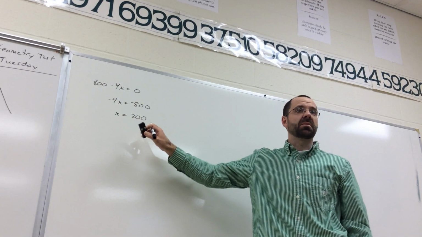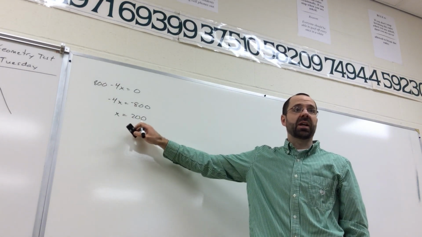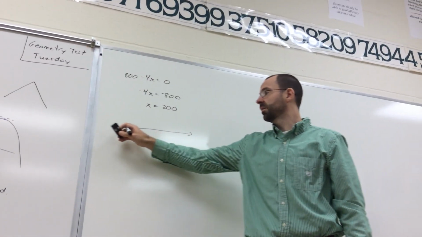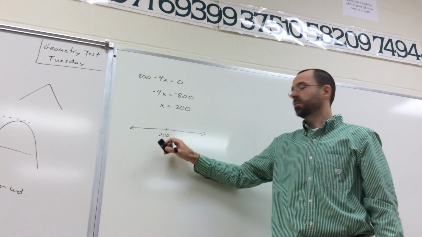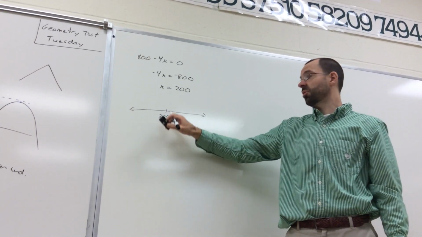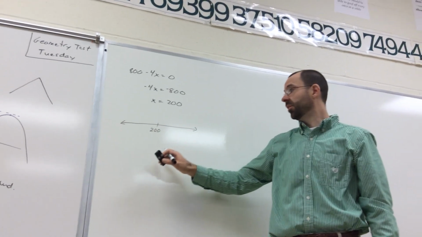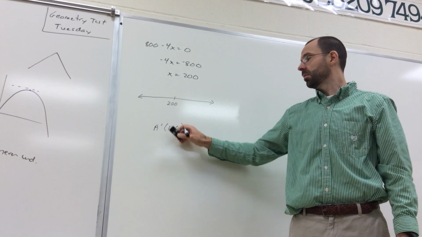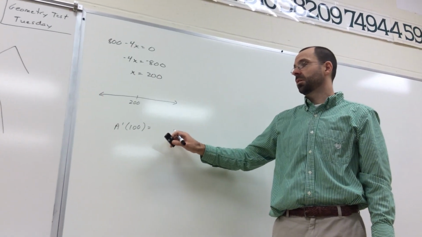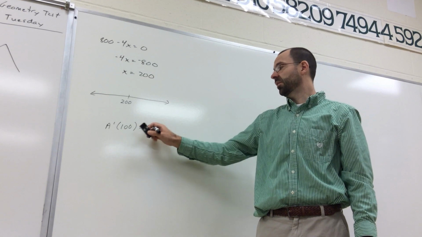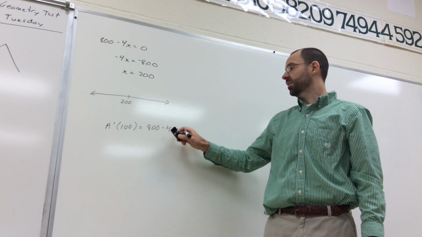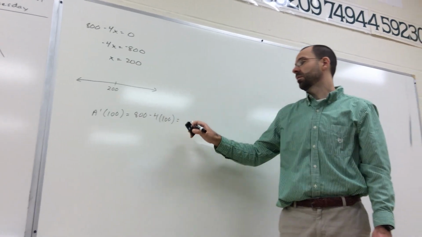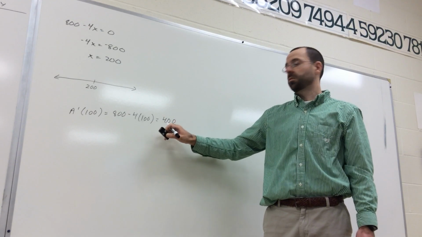But we have to prove that it's a max. We can't just assume that the answer we're getting is a maximum. So in order to prove it, you put 200 on a number line, and then you try a number below 200 and a number above 200. Plug 100 into the derivative: 800 minus 4 times 100 is 400.